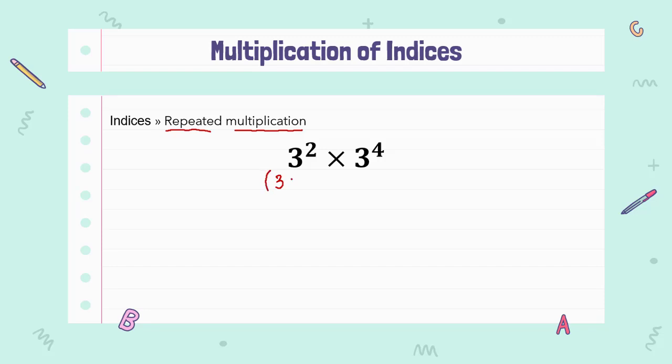Don't forget to put brackets: 3 times 3, because 3 with the square power is 3 times 3, times 3 with the fourth, which is 3 times 3 times 3 times 3. And now, do you still remember that if they have the same operation, you can open the bracket? So it can be 3 times 3 times 3 times 3 times 3 times 3.